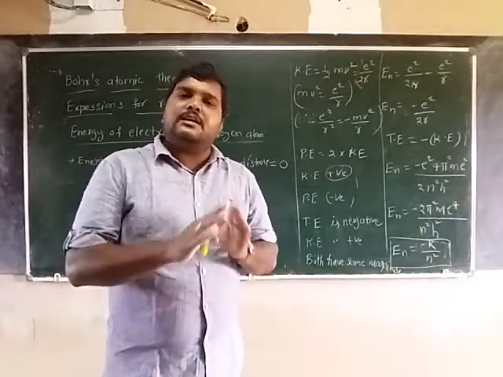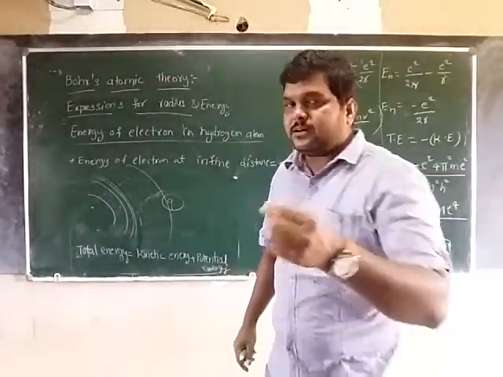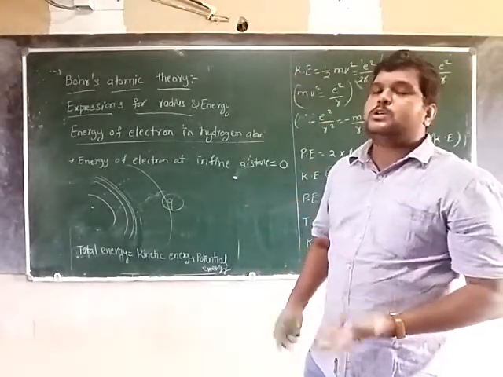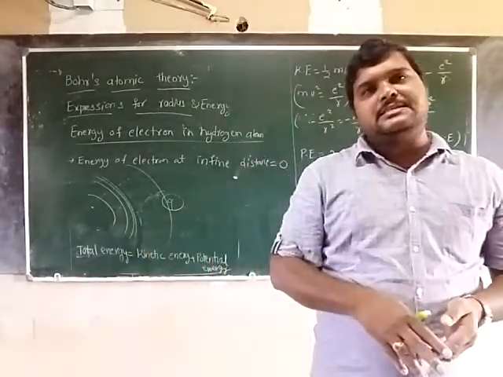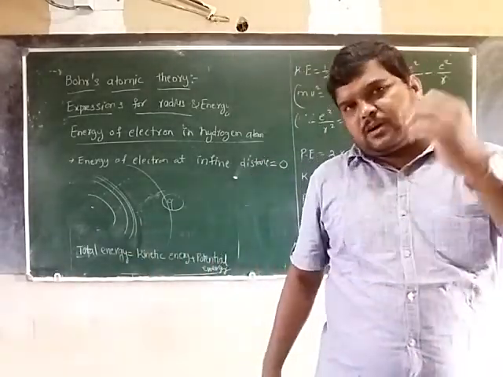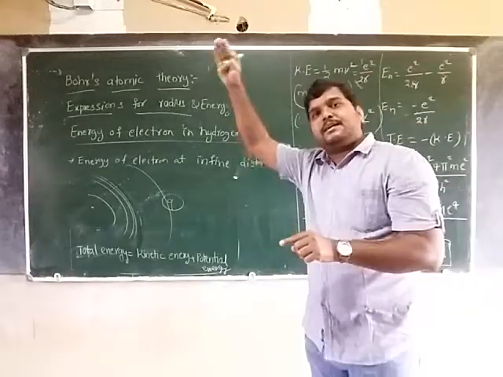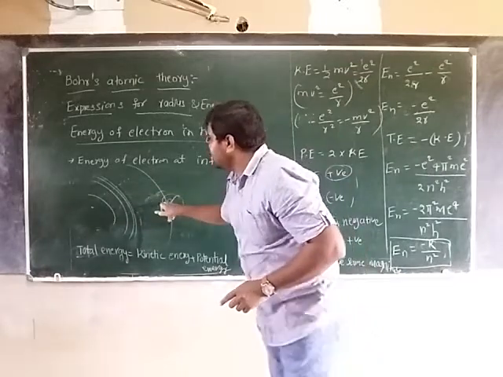Why? Because there is no force of attraction on that electron. We know that when electron jumps from higher energy level to lower energy level, that electron loses energy and comes down. So at infinite distance we consider energy as 0.